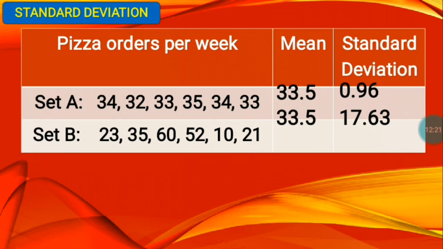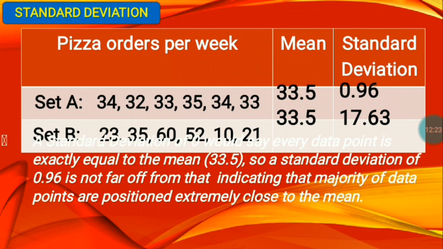On the other hand, a standard deviation of 0 would say every data point is exactly equal to the mean, which is 33.5. So a standard deviation of 0.96 indicates that the majority of data points are positioned extremely close to the mean.